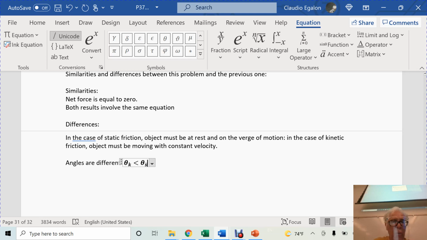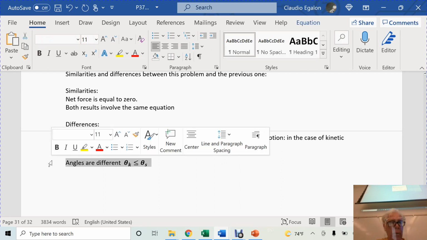So it's better to put less or equal, just because the coefficient of static friction is usually greater.